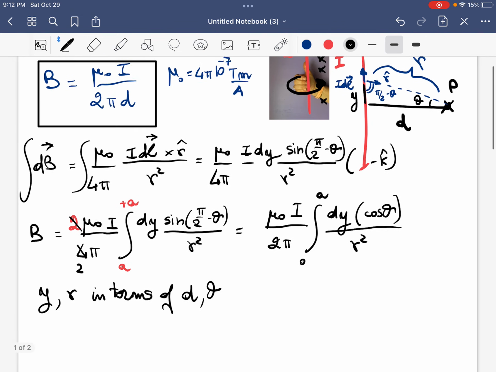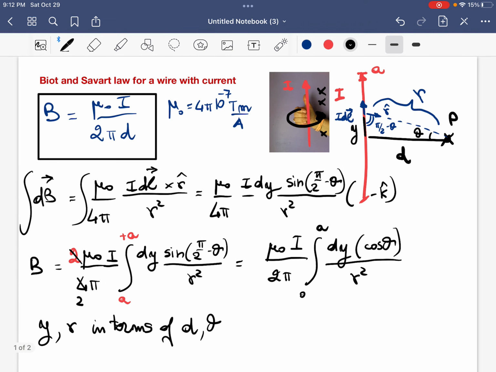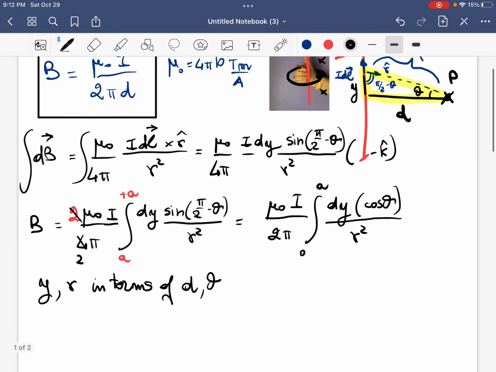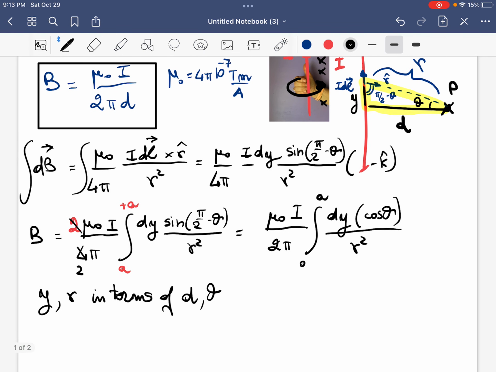Let me start by looking at the triangle that I'm going to highlight in yellow. This triangle has the hypotenuse equal to r, one leg vertical y, and one leg horizontal d. D is like a given. So I can write first of all that r can be rewritten as d divided by the cosine of theta.